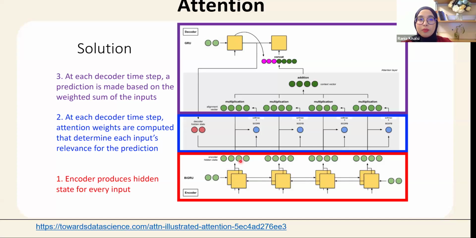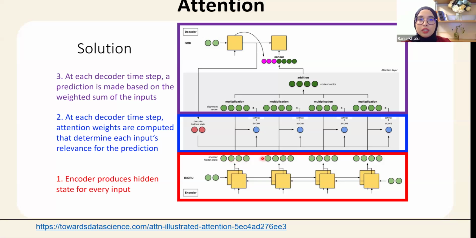And for each of them, at the encoder level, we are going to produce the hidden state. The hidden state is mainly what? We're going to use something like an RNN or LSTM in order to move from text to some numerical vector representation.